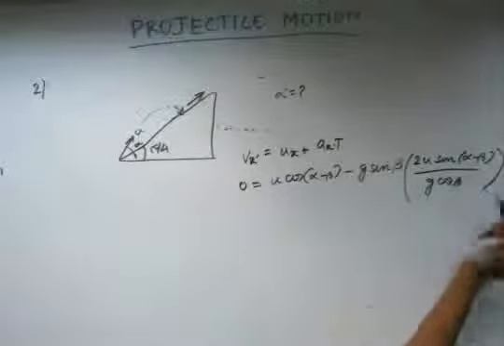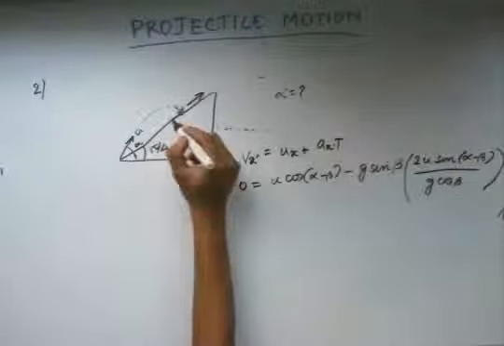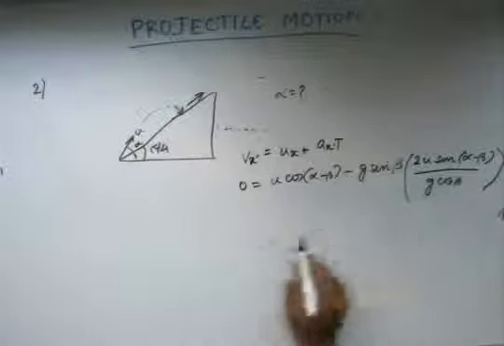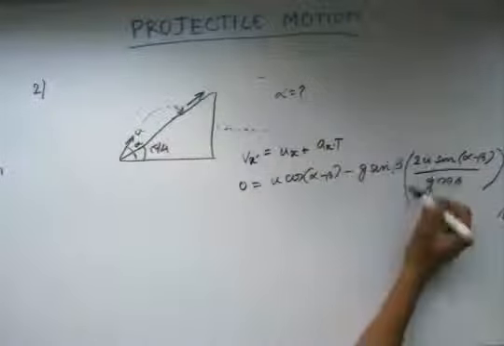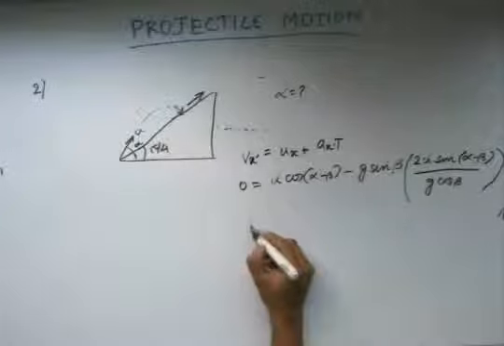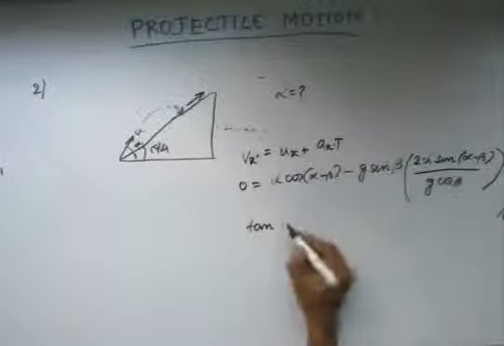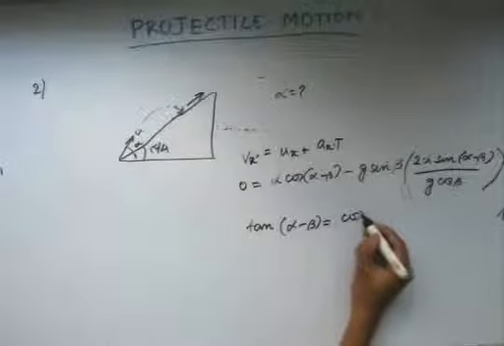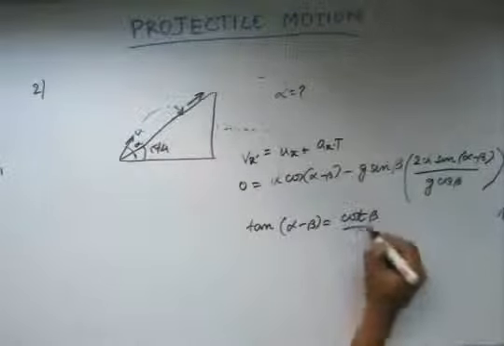For this condition to hold true, from this we see that tan of alpha minus beta should be equal to cot beta by 2.